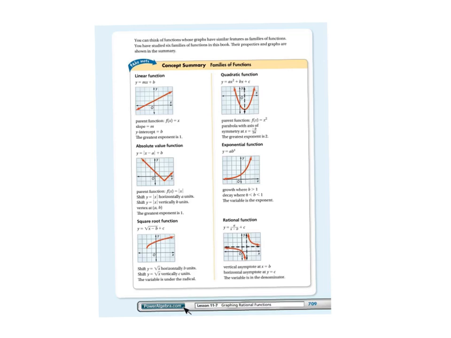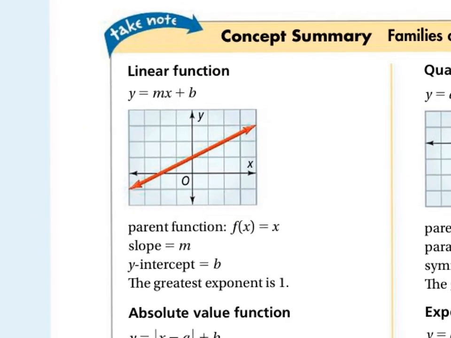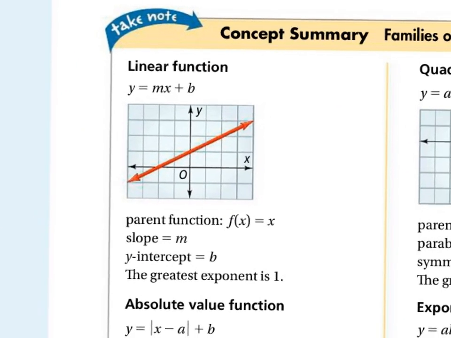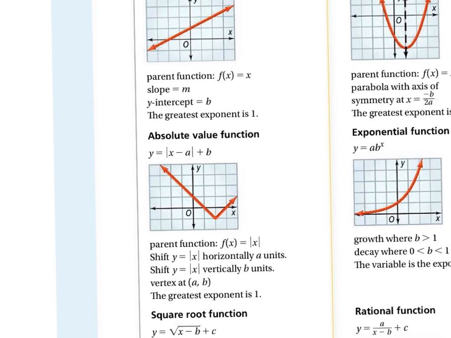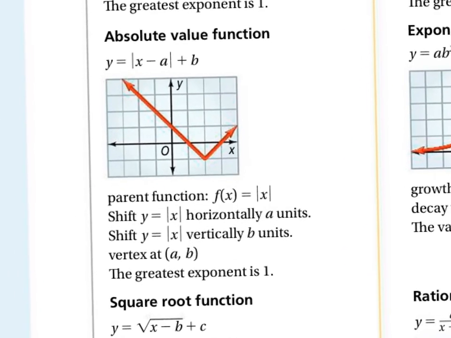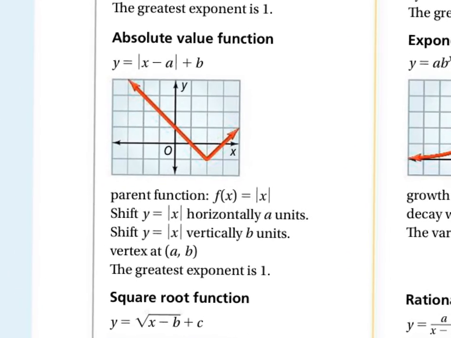If you look at the concept summary, this is talking about every different kind of function that we've talked about this whole year. A linear function is y equals mx plus b, and from that we can figure out the slope and the y-intercept. An absolute value function is kind of like a V shape. It comes down to a point and then goes up.